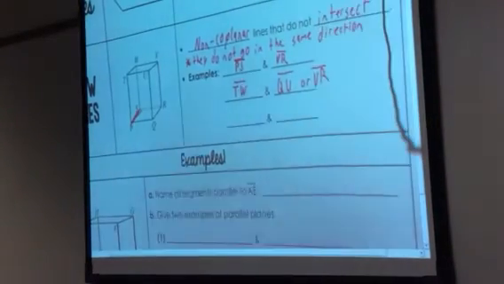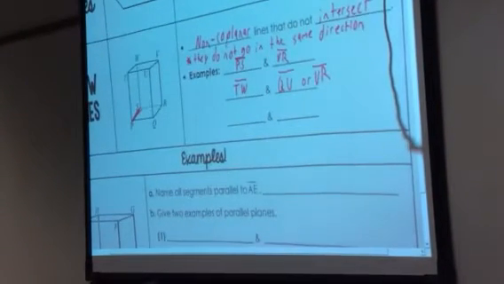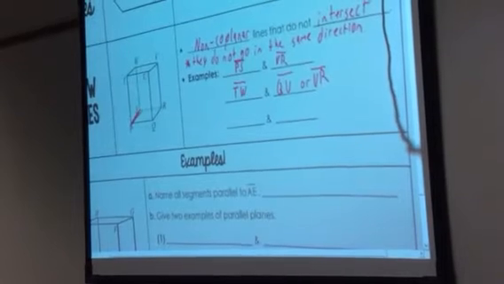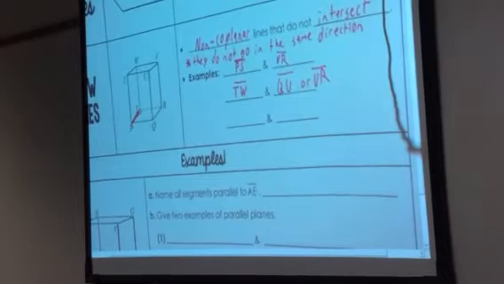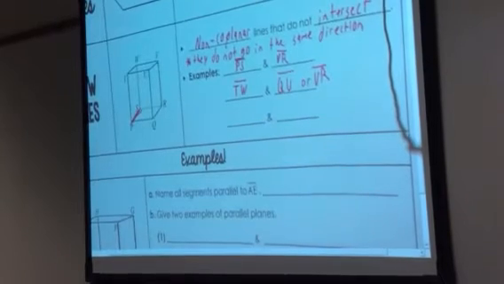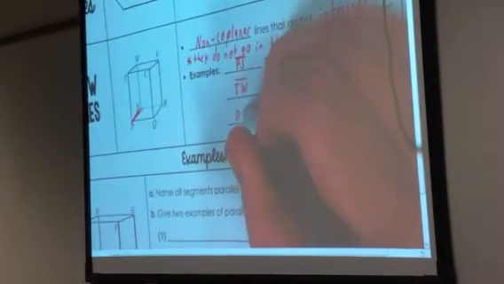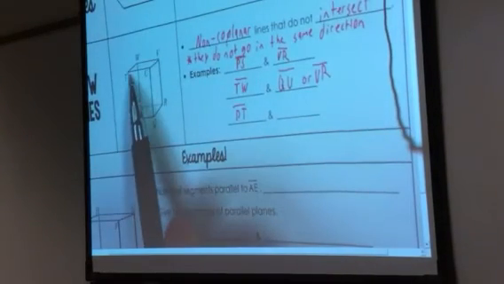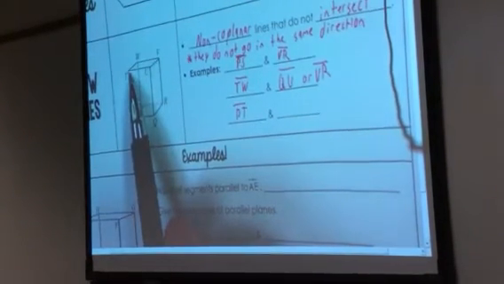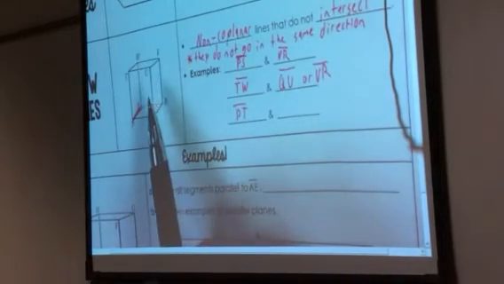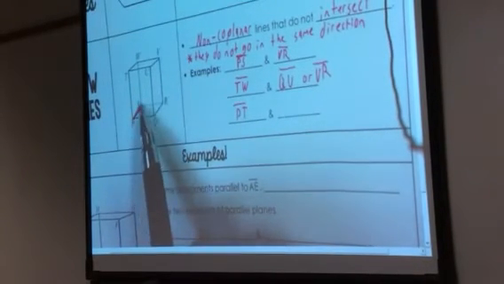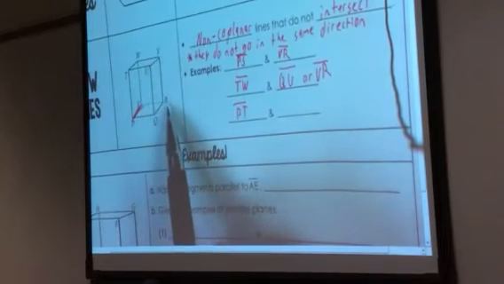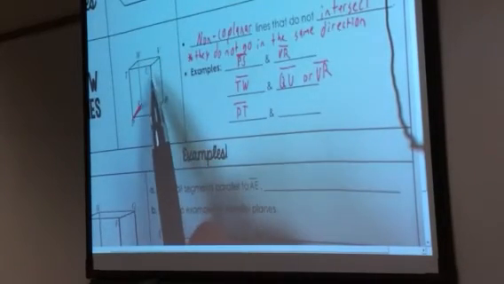It goes a different direction and never touches it. And if I have PT, that's going up to down. I need something that's never going to touch that. So RQ or VU, right?